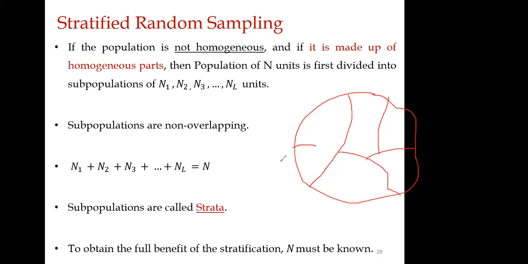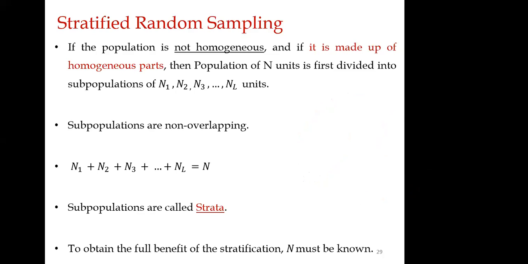Then we can select randomly from this group, from this group, and from this group. It is called the stratified random sampling method. Basically, stratified random sampling is a good approach if you are doing research with homogeneous and non-homogeneous groups.